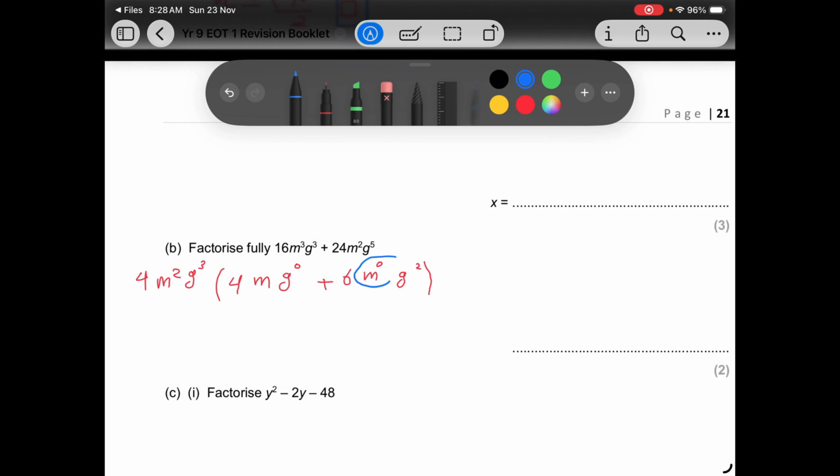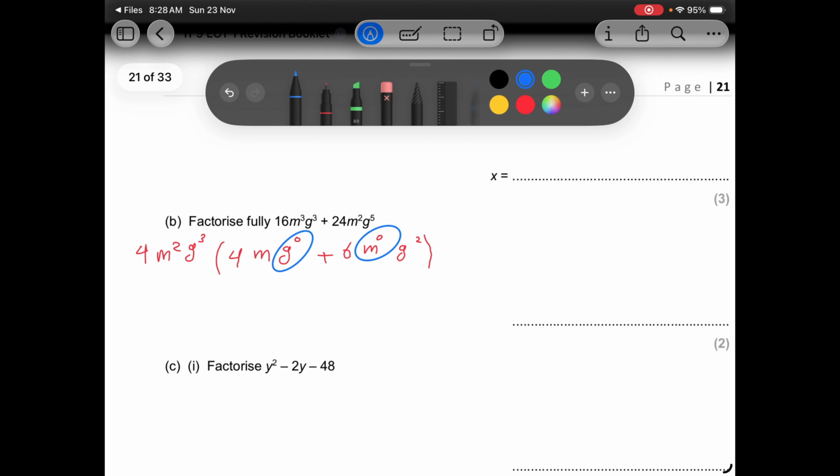Okay, and remove this as well from the scene, so it will be lastly this, okay, which is 4m squared g cube, then 4m plus 6g to the power of 2, like this.